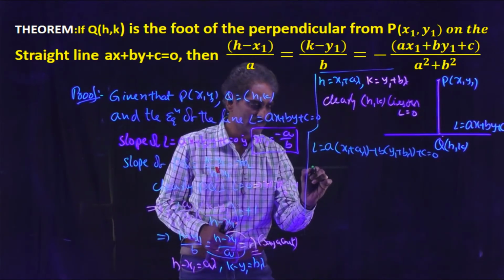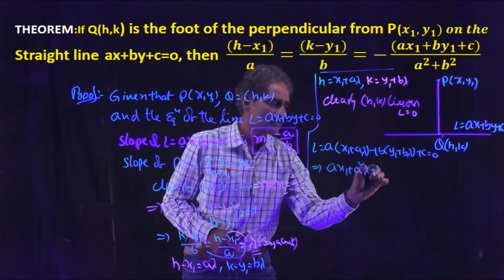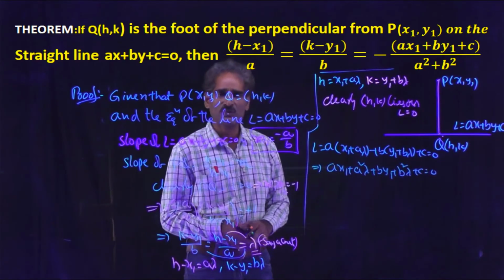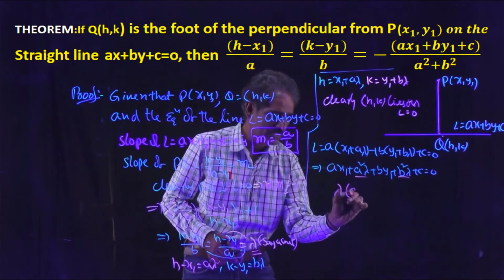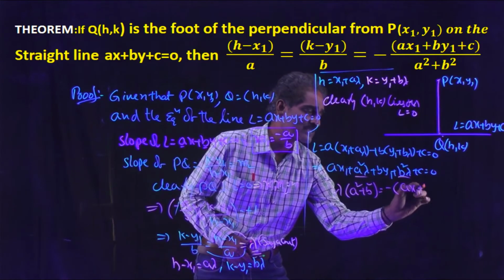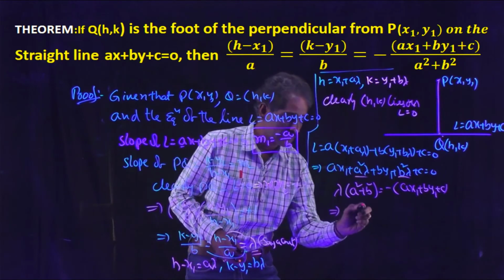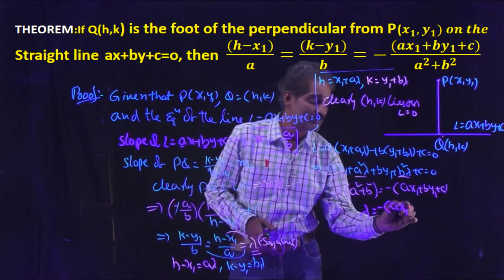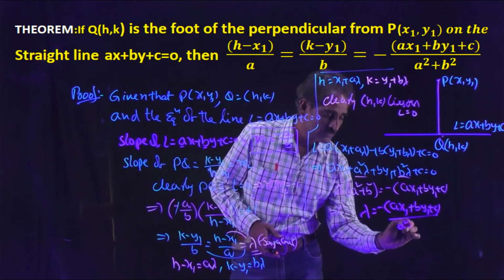So this implies ax1 + a² lambda + by1 + b² lambda + c = 0. From this we have to find out the lambda value. Just take lambda common from these two terms. So we can write lambda (a² + b²) = -(ax1 + by1 + c). From this the lambda value is equal to -(ax1 + by1 + c)/(a² + b²).